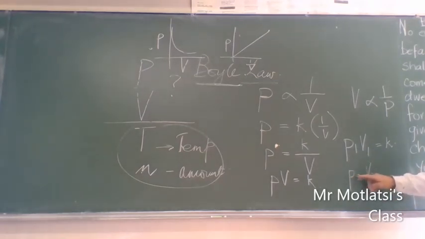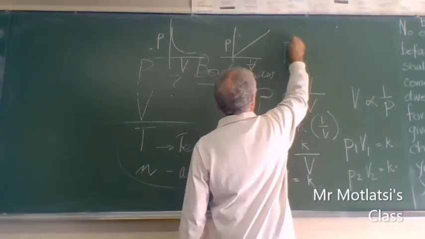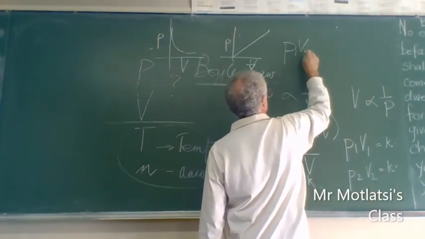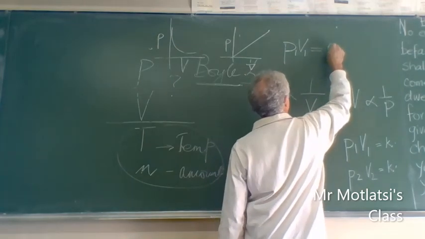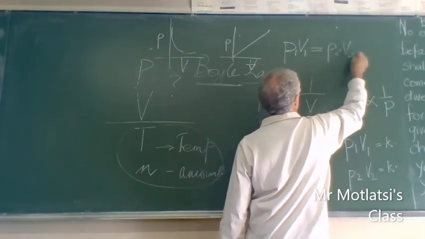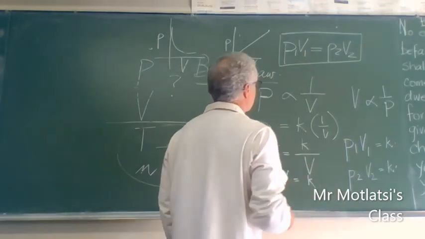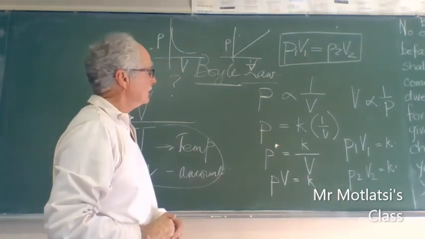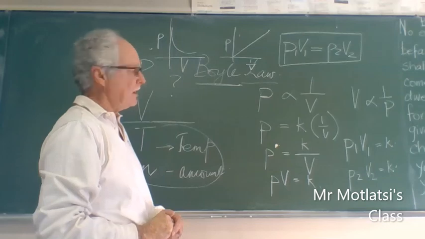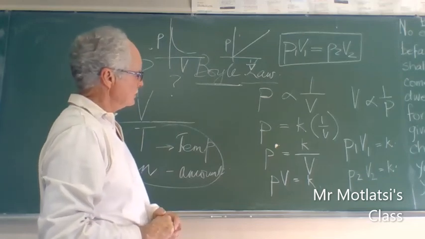But the product of P times V will still be a constant value. So that means that P1V1 equals P2V2. And that is the first gas equation, and that is Boyle's law.